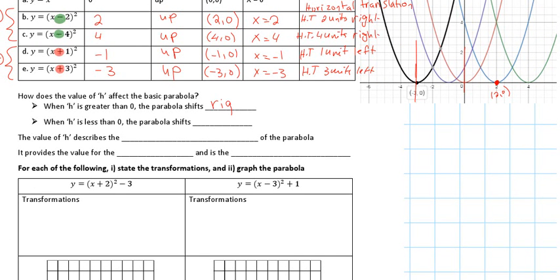But remember that inside the bracket, it's going to look like a minus. When h is less than 0, the parabola is going to shift left. And then you're going to see that it's going to be a positive inside the bracket.